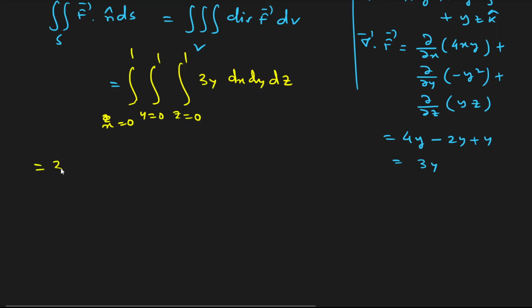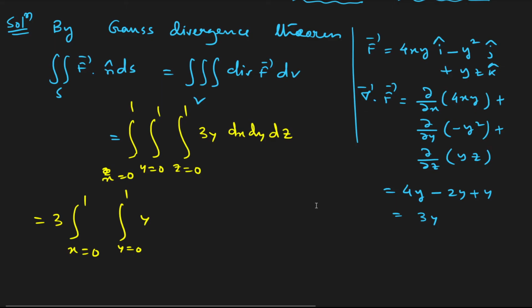So it's a very simple problem. You can take 3 outside, x equals 0 to 1, y equals 0 to 1. Then 3 we have taken outside, no?